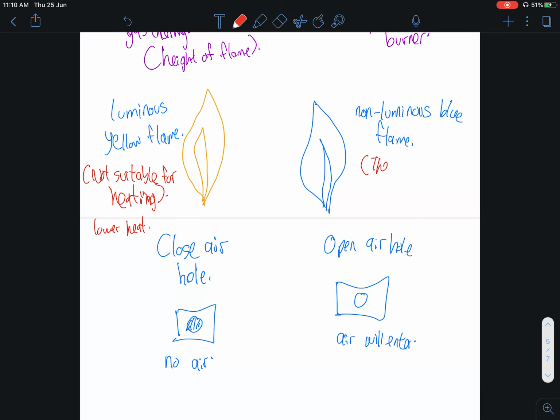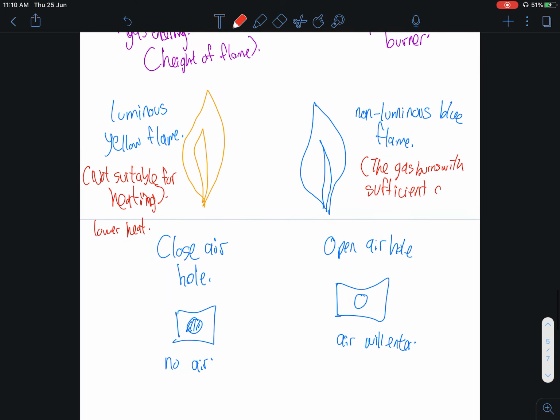Because the gas burns with a sufficient amount of oxygen. And in this case, when there is a sufficient amount of oxygen, what will happen? There is higher heat, making it more suitable for heating.